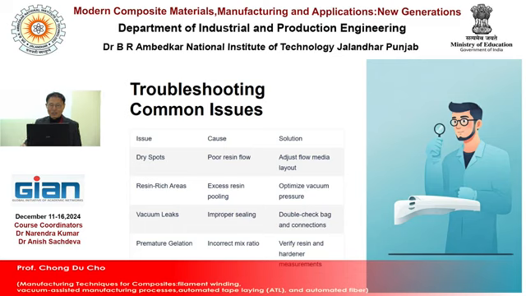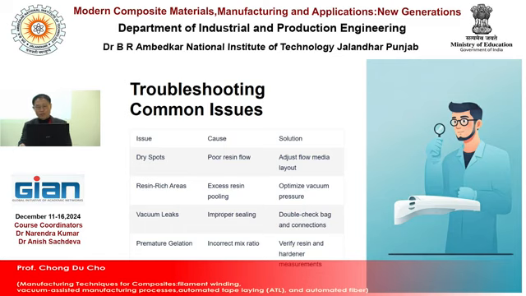So if you get a dry spot, then the common cause of dry spot is poor resin flow. So how to solve that problem is to adjust the flow media layout. And if a resin rich area is found, then it means maybe excessive resin pooling. So to resolve this problem, optimize the vacuum pressure.